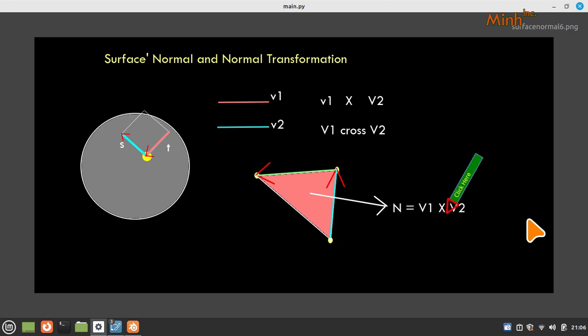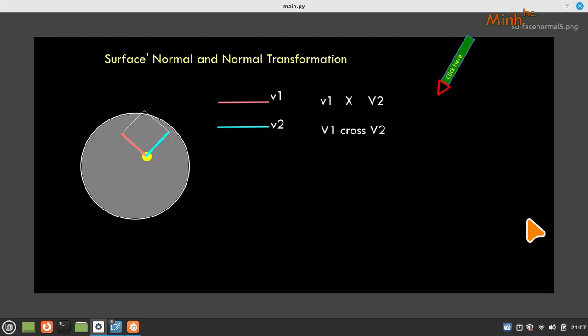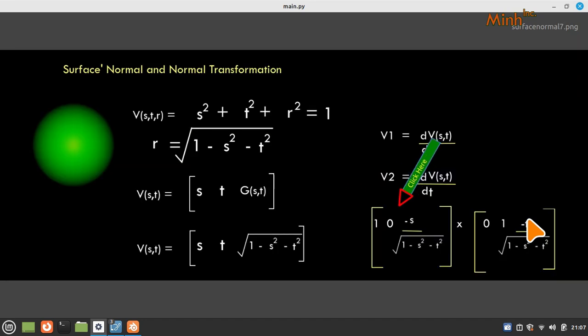This is what we want. So in an analytical surface, we calculate two tangents, and based upon the two tangents we estimate the area, and for that we calculate the cross, and that is the normal. This is the way we do it.